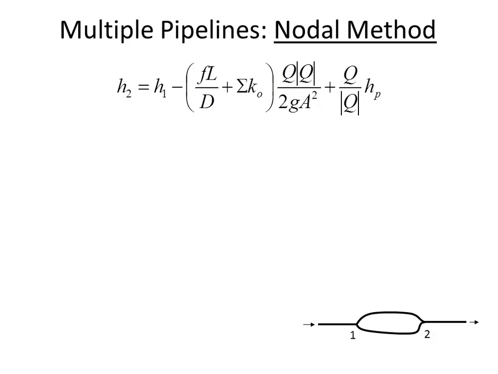And over here, you can see there's something going on with the pump term. So instead of just plain old HP, what I'm doing is Q divided by the absolute value of Q. Now the purpose of that, if you divide Q by Q, it does nothing, except that if the flow direction will result in a positive or a negative term, then what you've just done in this expression is built in some way to indicate if water is really going from 2 to 1 instead of 1 to 2.